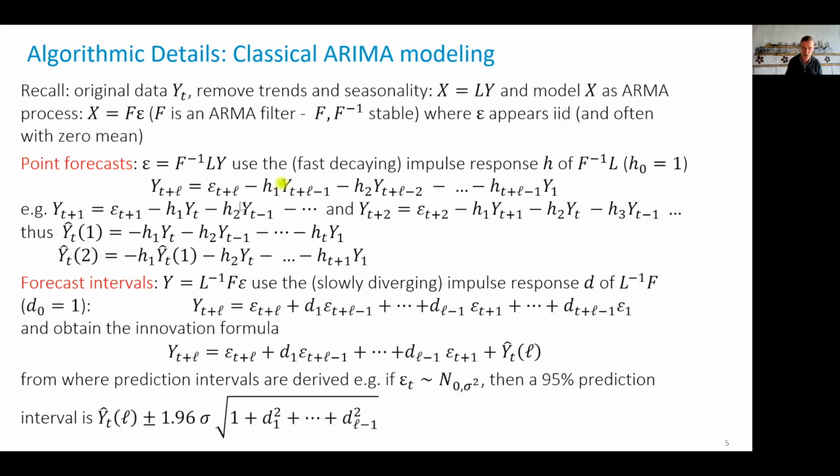That's the property of IIDness. And therefore, its expectation, which is 0 here. So when I predict, I simply predict epsilon by 0 and the rest by their values, which are known here. So that gives one possible formula for computing the prediction at time t for one step ahead.